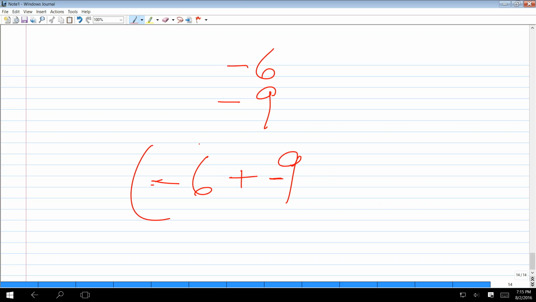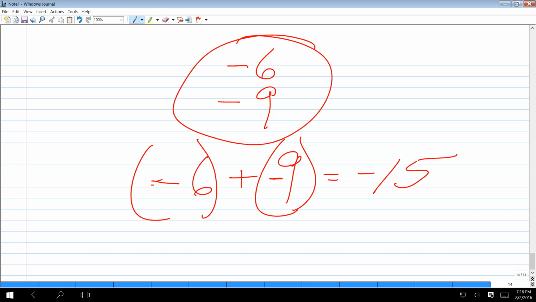Now I got negative 6 plus negative 9. Nobody misses that. Everybody gets that. Only when they look at it as a subtraction problem does it confuse a lot of people. That's one of the most missed arithmetic problems going, when you have a negative number subtracting a positive number.